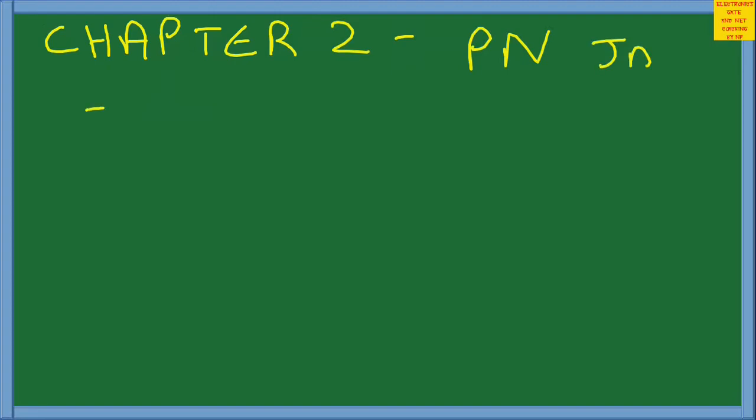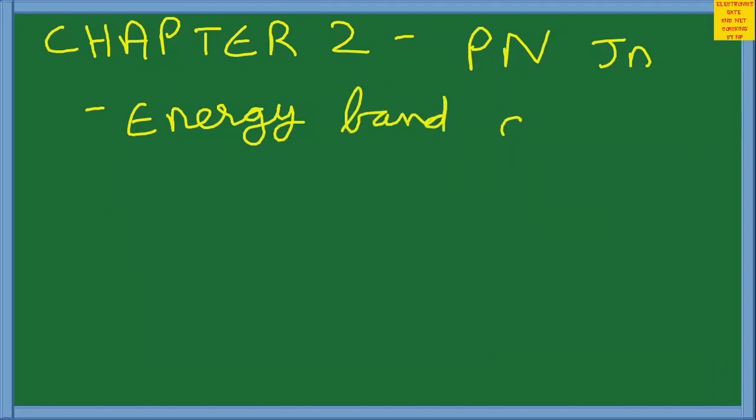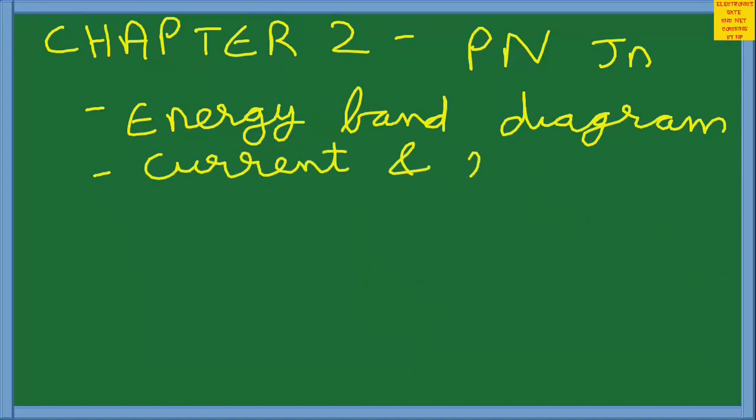Under this, we will first study the energy band diagram of a p-n junction. And after that, we will go for the current and related equations that come in the case of p-n junction. And then we will study the junction and diffusion capacitance in the case of p-n junction.